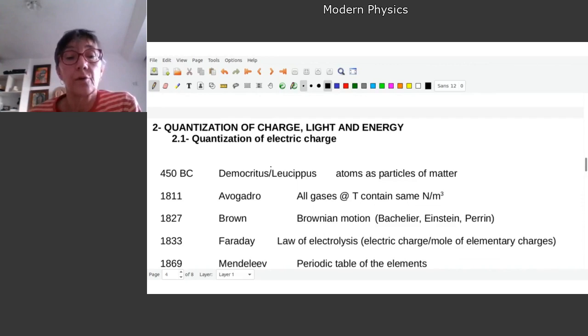And so we have this notion that the matter was constituted of particles, and they were called atoms, which in Greek means it's a negative, so it is not, and tom is to cut, so you cannot cut these particles. They are the ultimate constituents of matter, which we know it's not true.